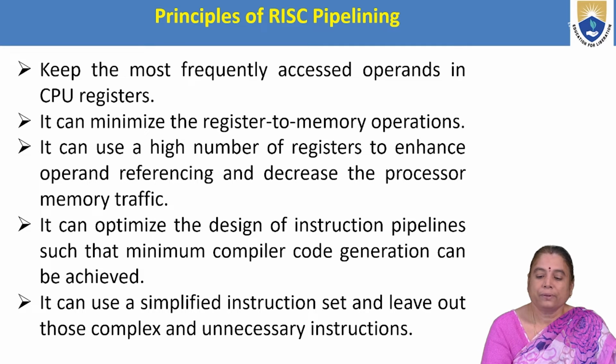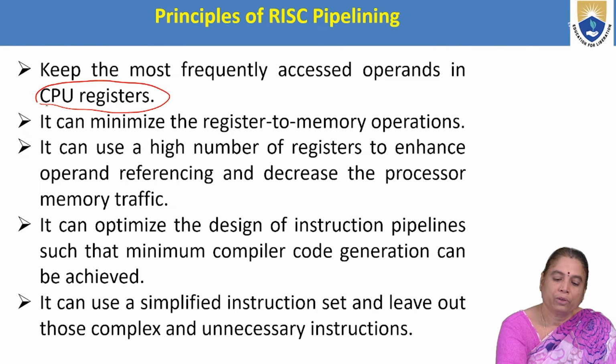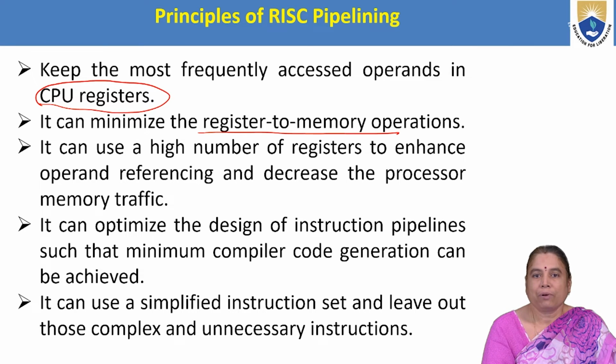What are the principles of RISC pipelining? Keep the most frequently accessed operands in CPU registers so that they are readily available for processing. And it can minimize the register to memory operations. So frequent fetching of operands can be minimized here.